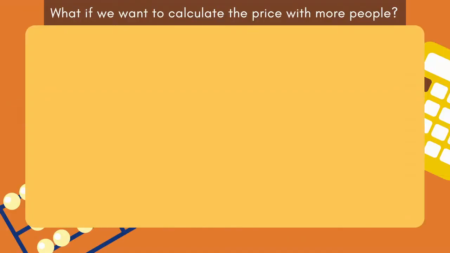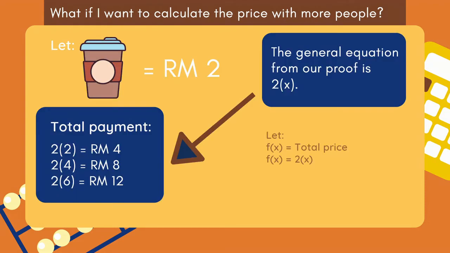What if I want to calculate the total price with more amount of people? We can also use the function. Let's say the price for a cup of coffee is 2 ringgit, and I need 2, 4, and 6 cups of coffee. So we multiply the price with how many cups of coffee needed, and we will get the total price.